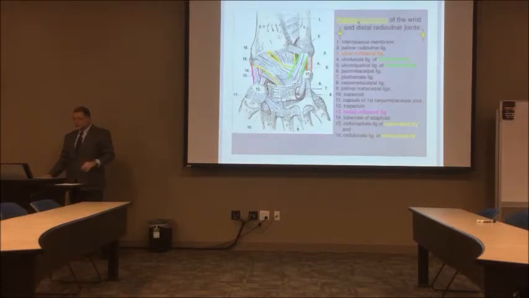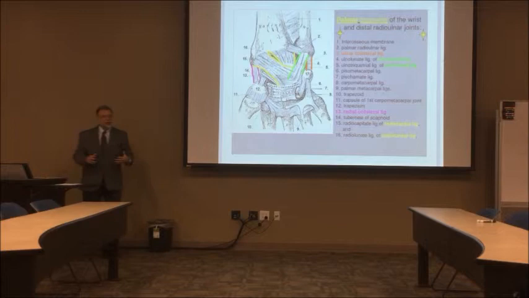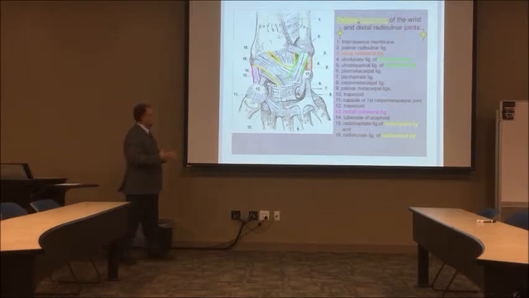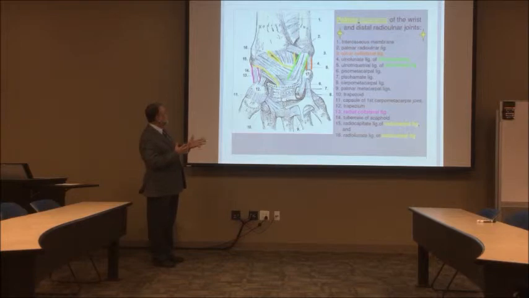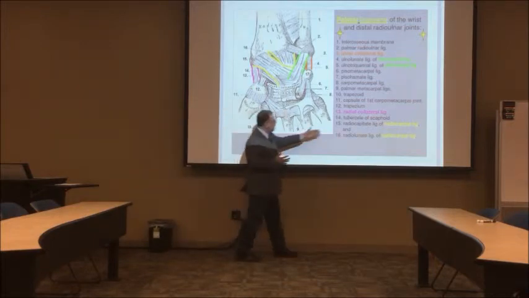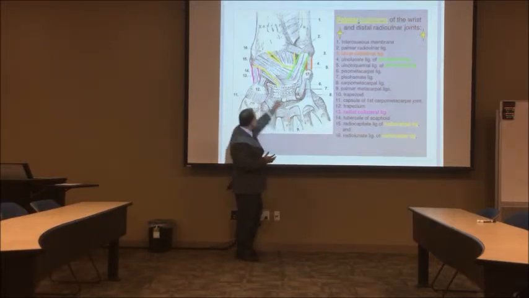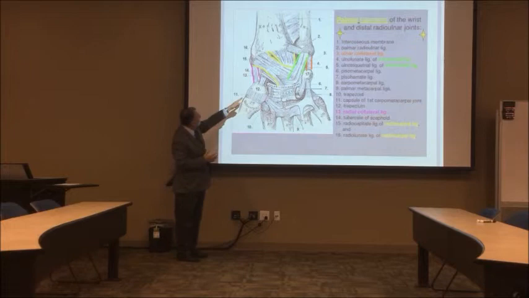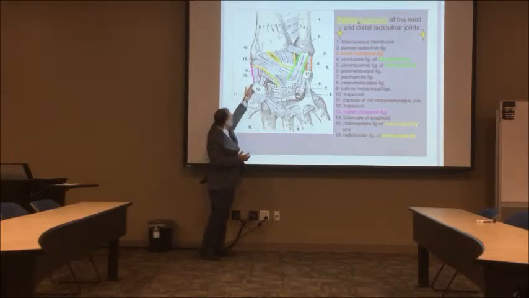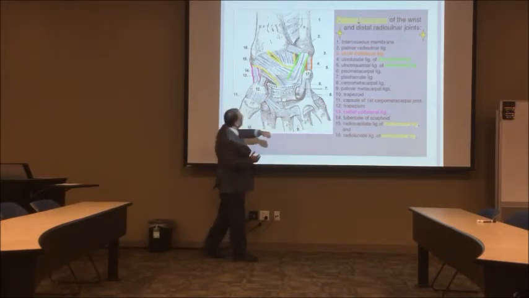The palmar and dorsal ligaments are the ones that hold the carpal joint, or the radiocarpal joint, in some way. You're going to have radiocarpal ligaments in yellow here, the ulnocarpal ligaments, and the radial collateral ligament and the ulnar collateral ligament.